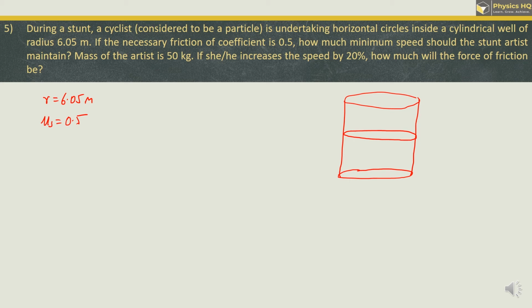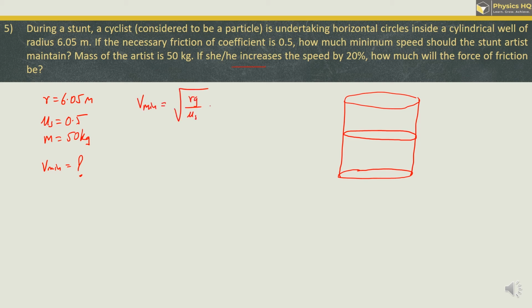Okay, so we need to find out V minimum. What else is given is mass is 50 kg, and there is another part of the question. We'll come to that later on. Okay, so for a particle going in this horizontal circle along the vertical wall, the formula is already there. Minimum velocity is root of Rg by mu s. Let us put the values.